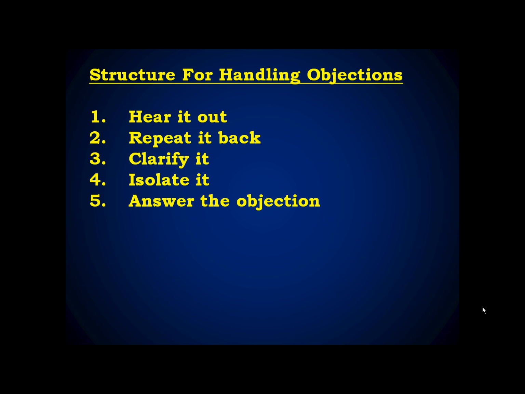So you answer the objection with the response that you've practiced, and the next step is you confirm that the objection has been satisfactorily answered. You give your response, and then you can simply say, "John, does that kind of allay your concerns, or does that answer your question?"